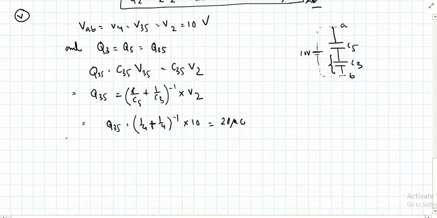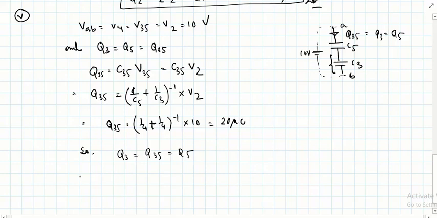Now I can also say that this equivalent charge across the capacitor C35 would also be Q3, and also Q5, because they are in series, so the charge will be the same. So I can say Q3 equals Q35, right, equals Q5 over there.